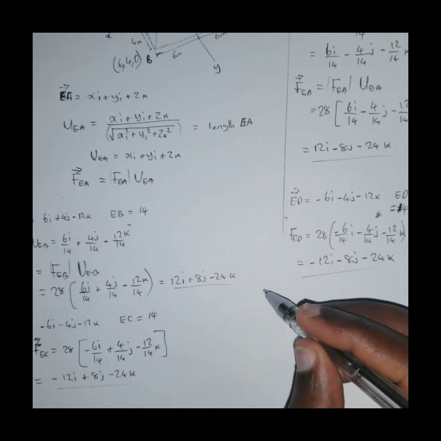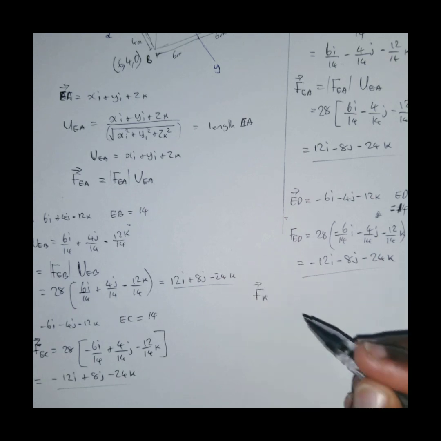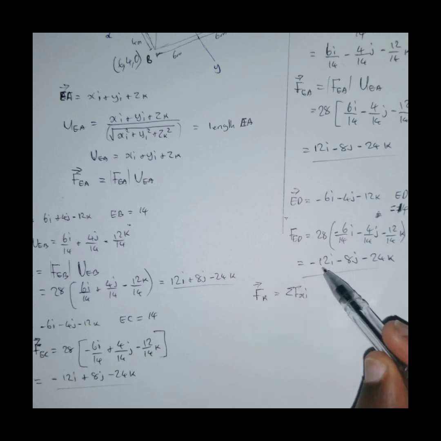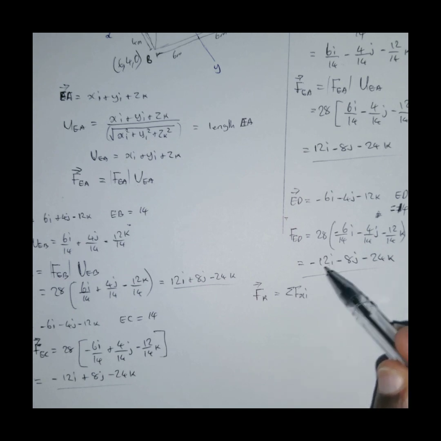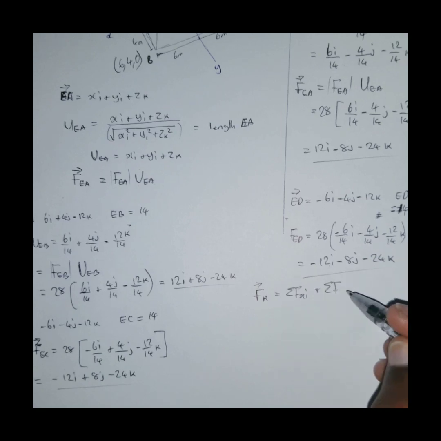So our resultant force FR in Cartesian vector form will simply be the summation of Fx i, which are the i components of our Cartesian vector forces, plus a summation of Fy j plus a summation of Fz k.